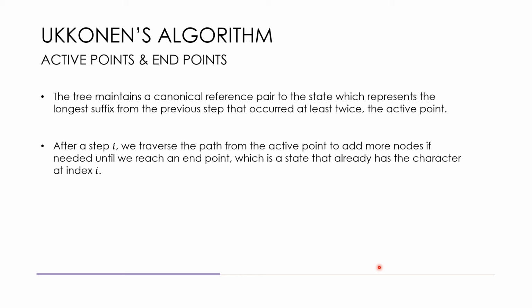Then after step i, we traverse the path from the active point to add more nodes if needed until we reach an endpoint. And once we reach an endpoint, this means we've reached a state that already has the character at index i.